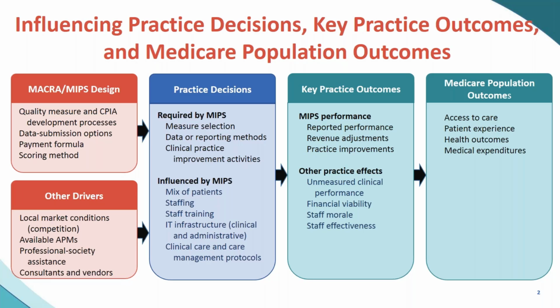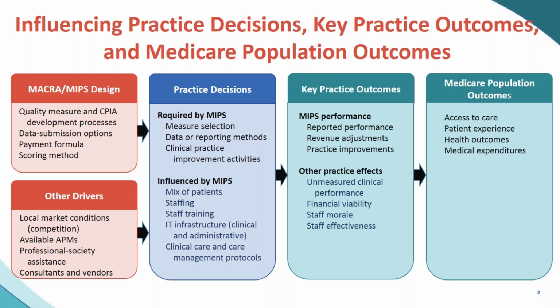But what you have on the left-hand side, in red, is we're provided this framework. So MIPS and MACRA pulls together multiple programs, and you still have a population outside of the Medicare patients as well. So you have all of these other drivers as well: the local market conditions, ACOs or APMs, and consultants, vendors.